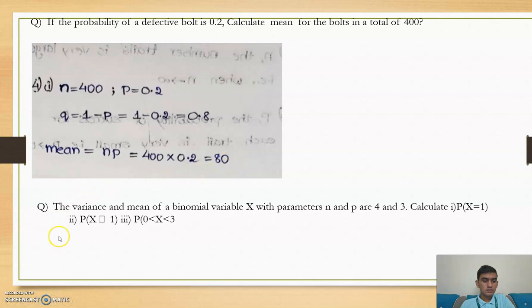And now we will see one more numerical. The mean and variance of the binomial variable x with parameters n and p are 4 and 3. We have to calculate P of x equal to 1, P of x greater than or equal to 1, and P of x between 0 and 3.